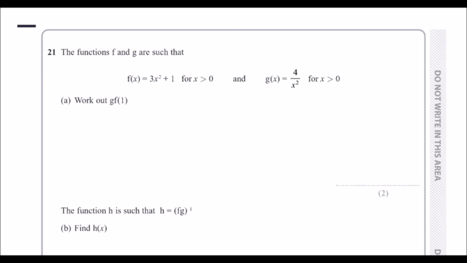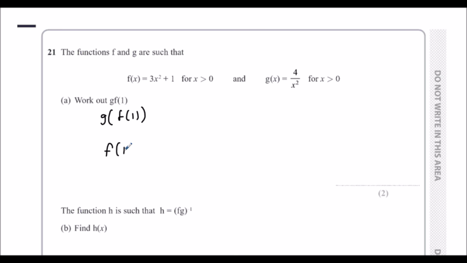Question 21. The functions f and g are such that f of x is 3x squared plus 1, and g of x is 4 over x squared. Work out gf of 1. So when it's gf of 1, that means we're putting 1 into f, and then we're putting that answer into g.